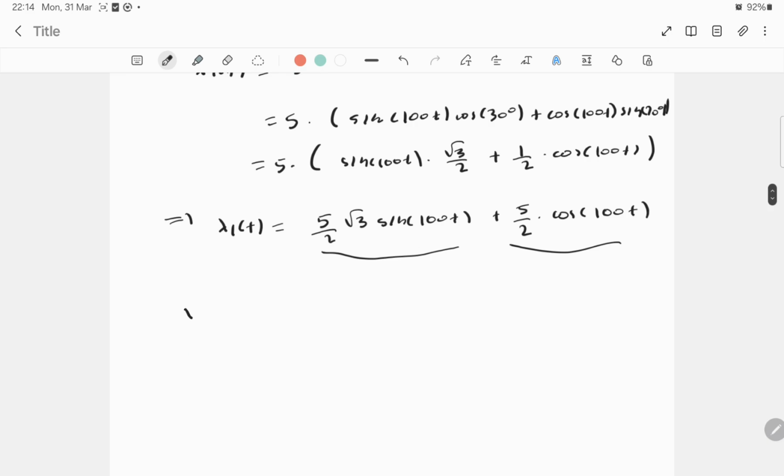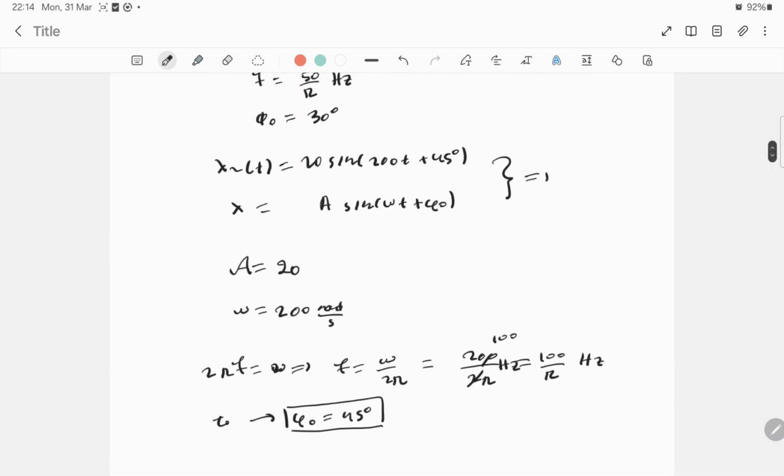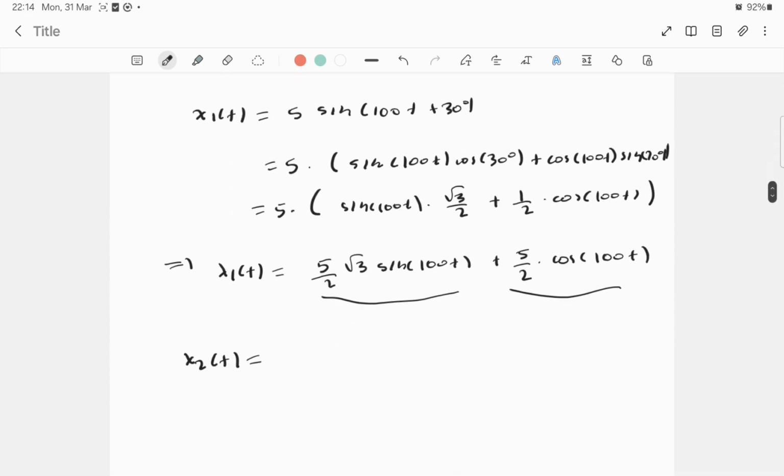I do a similar thing for x2. What is my function x2? 20 sine(200t + 45).